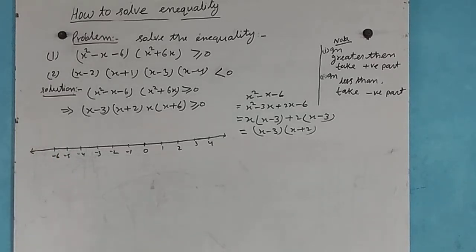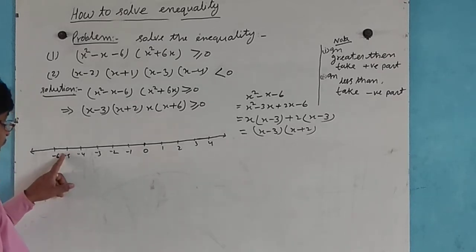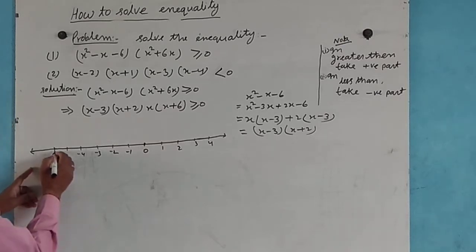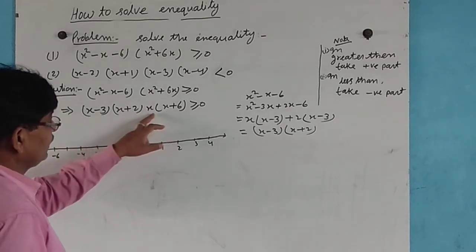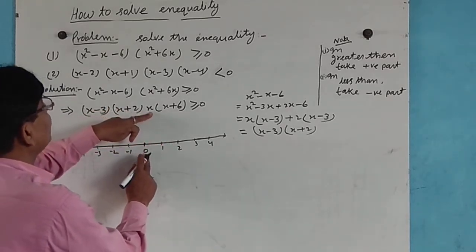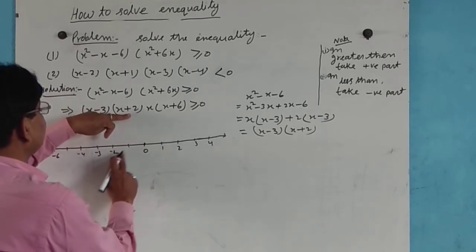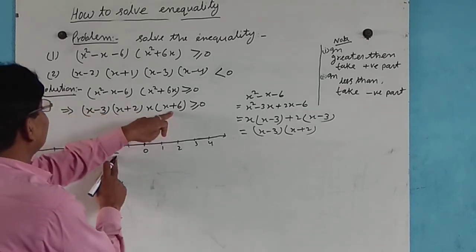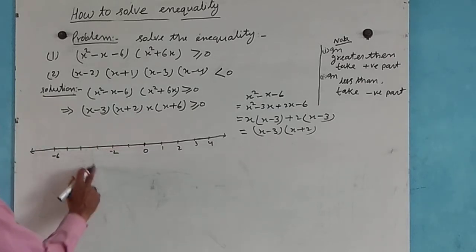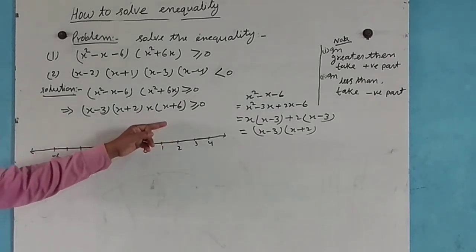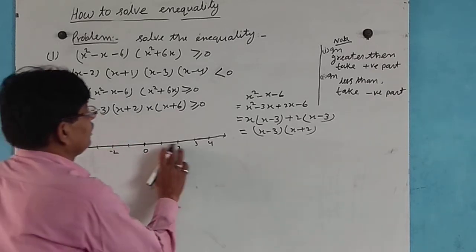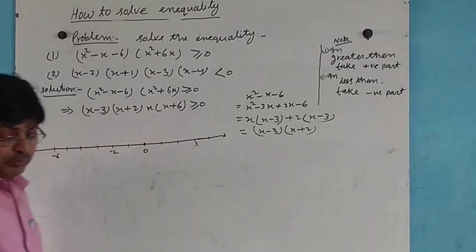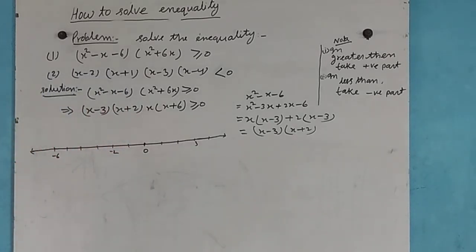Now one point is -6. Another is x plus 2 equal to 0, x equal to -2, this point, and x equal to -6, this point. So x equal to -6, x equal to -2, x equal to 0, and x equal to 3.